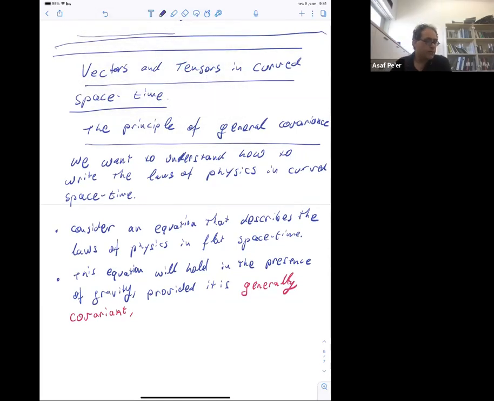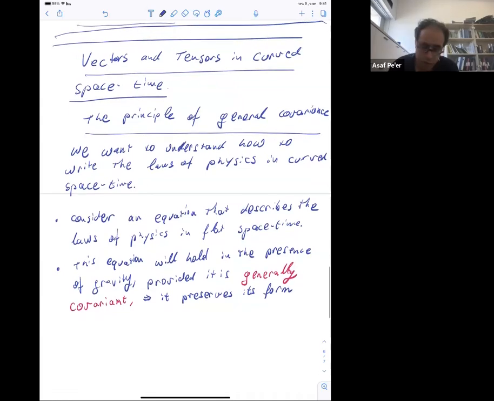Namely, it preserves its form under general coordinate transformation. Right, x goes to x prime.